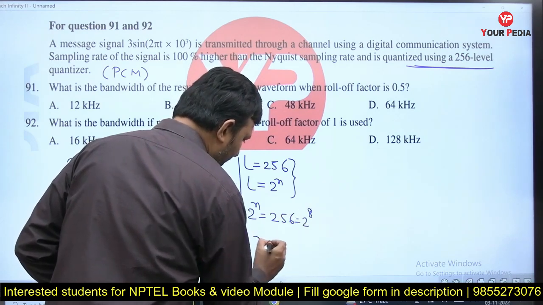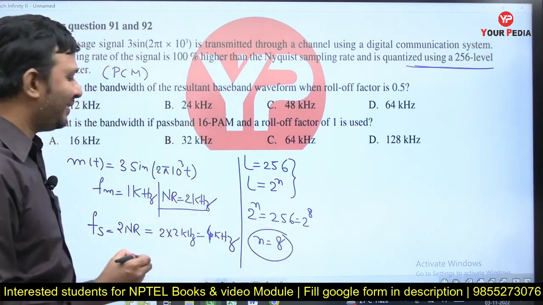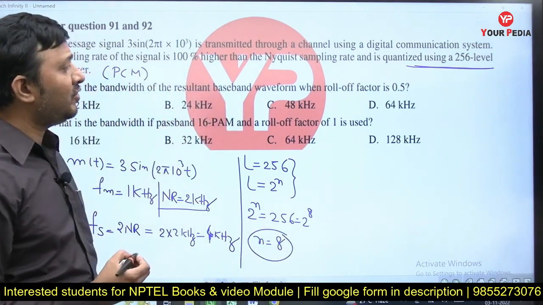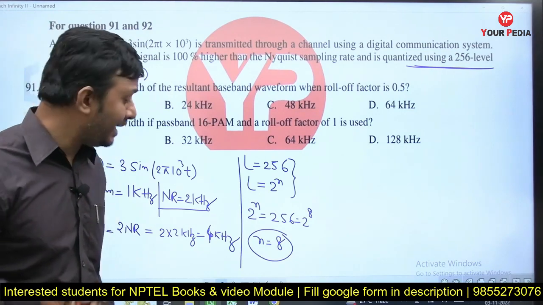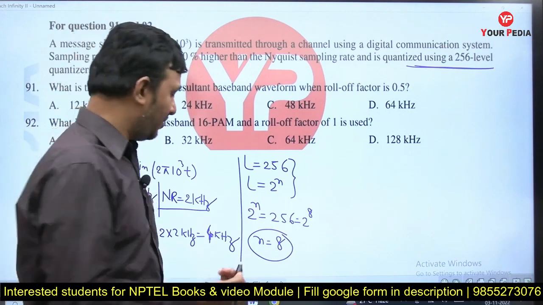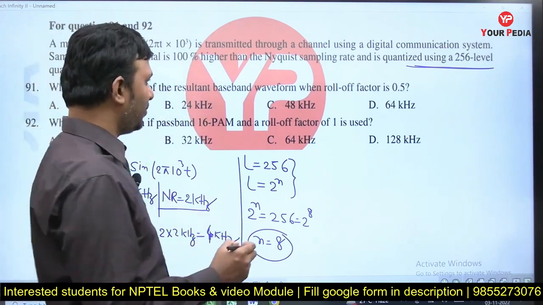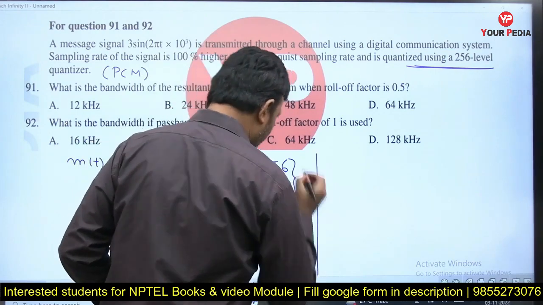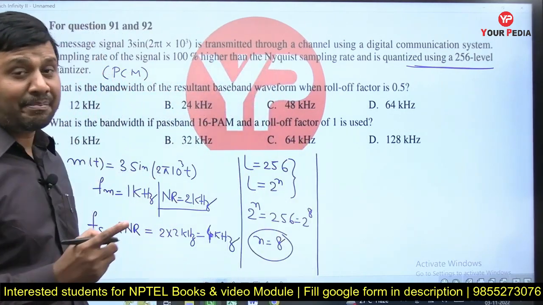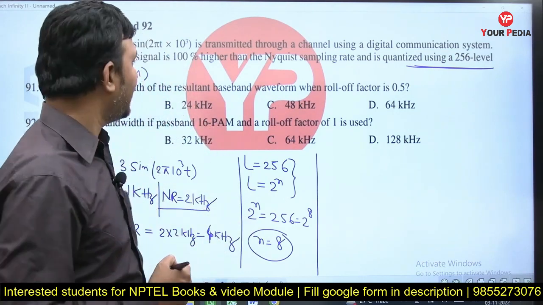So how many bits are we going to use? n is 8 bits. So the system he is using is an n-bit PCM system, an 8-bit PCM system. Each sample value is encoded into 8 bits.